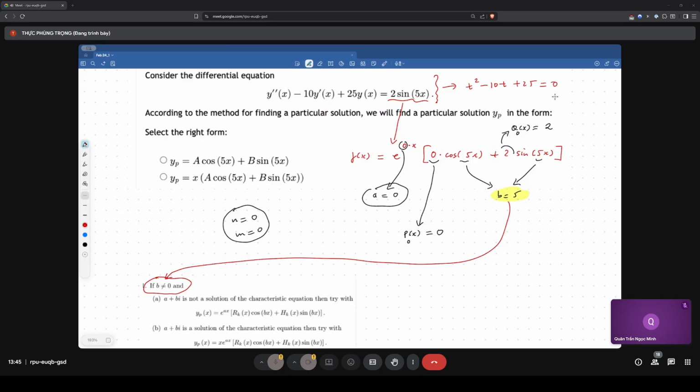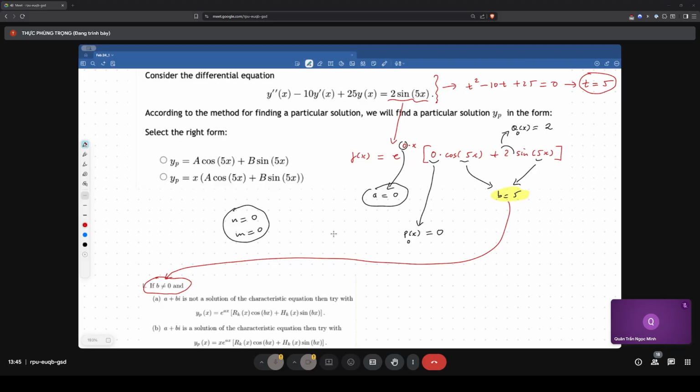Remember that I always write 0 on the right-hand side of the characteristic equation. When you solve this, what do you get? You get only one real root. It's the number 5. T equals 5 is the only solution.